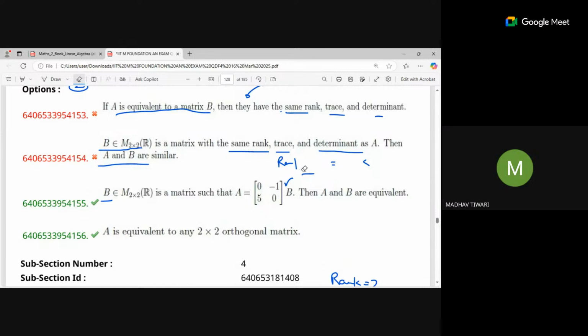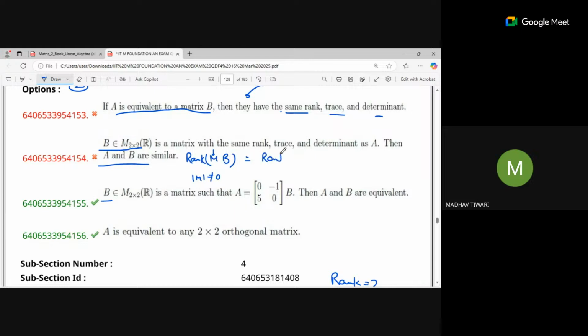There was one fact that states that if you have a matrix B and you multiply it by M, and you find the rank, and this M is invertible, meaning the determinant of M is non-zero, then this rank is also equal to the rank of B. This was the fact, so I applied it here. A is given as equal to this. I will find the rank on both sides, because if these two matrices are equal, their ranks will be the same. Suppose this is Q, so A is QB.